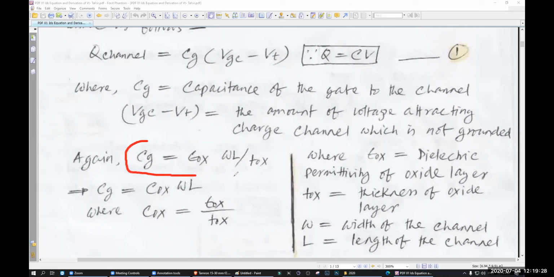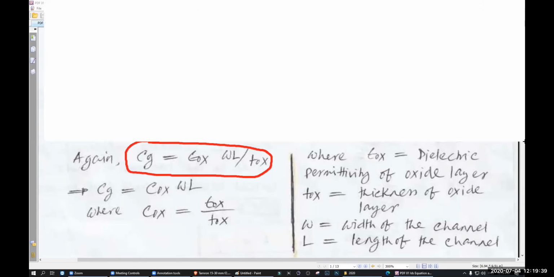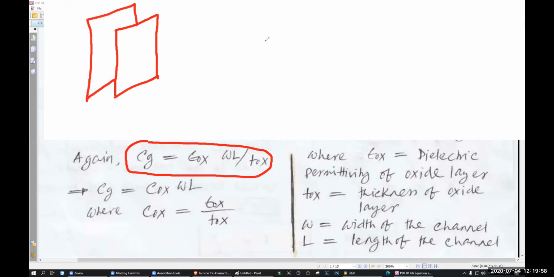From where did we get this formula? We got it from elementary school or college physics, where we learned about the parallel plate capacitance, remember?